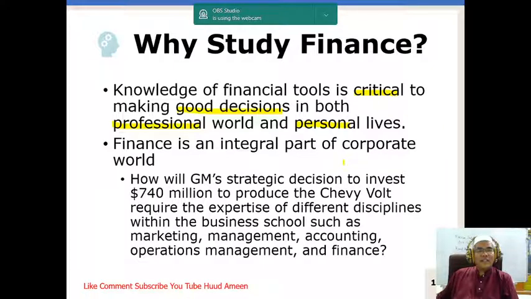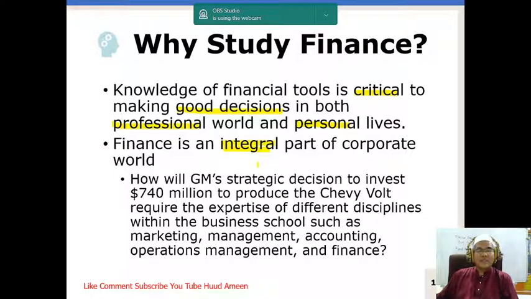Finance is an integral part of the corporate world. Integral means integrated into each of the departments.